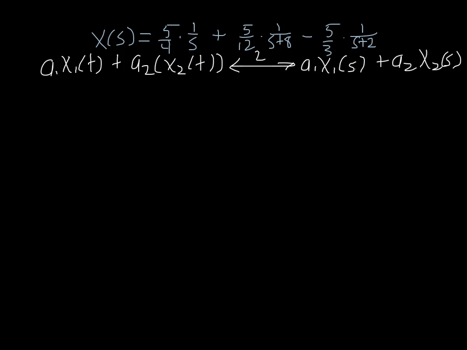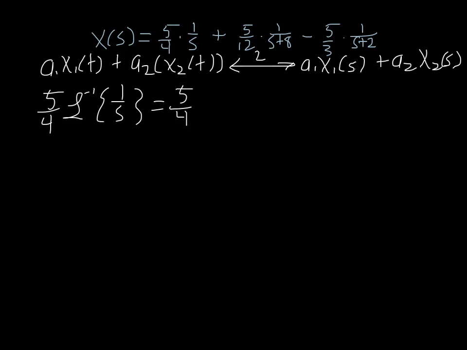So we'll start with the first one. We can take the inverse Laplace of this term. I'll go ahead and pull out the 5/4. We'll have 5/4 times the inverse Laplace of 1 over s. If you look up in the Laplace table, you'll see that the inverse Laplace of 1 over s is just 1. So 5/4 times 1 is 5/4.